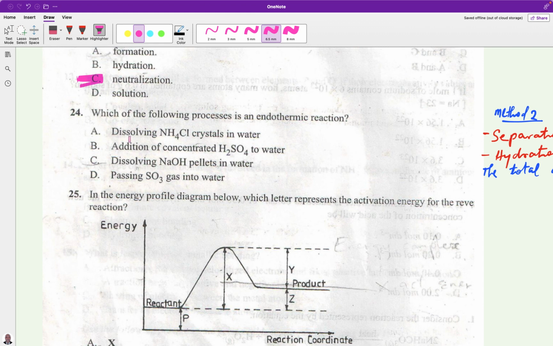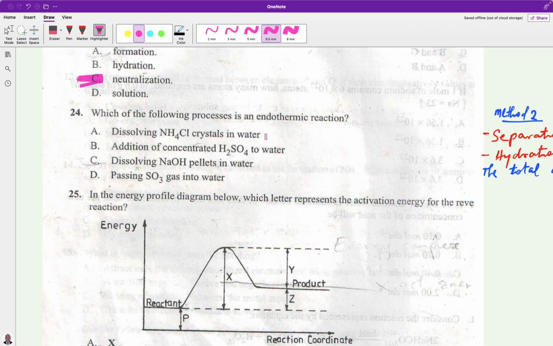Dissolving NH4Cl. That is ammonium chloride crystal in water. I said in endothermic reaction, heat is absorbed from the surrounding, and that heat is used in the breaking of bonds. So energy is required for bond breaking.